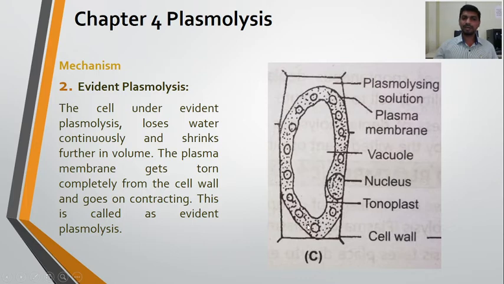In this diagram we can see evident plasmolysis, where the plasma membrane is completely separated from the cell wall and contracts further. The protoplasm shrinks and gets separated from the cell wall. This is the feature of evident plasmolysis.